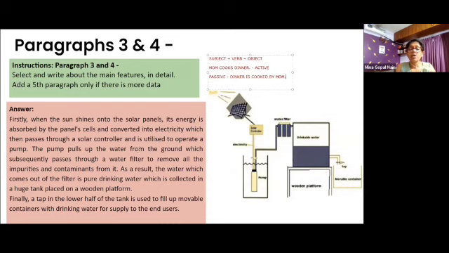Now, actually, here, the water is pulled up from the ground is the passive voice. But what have we written?